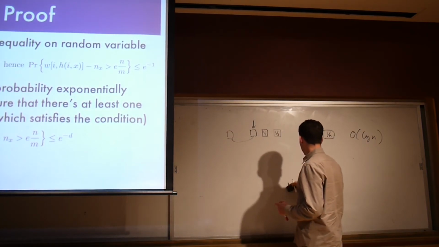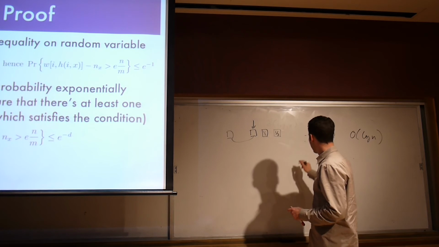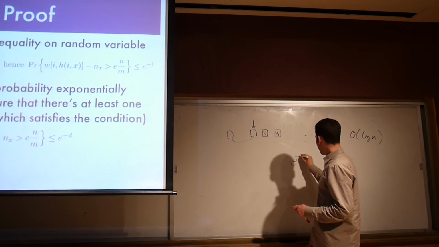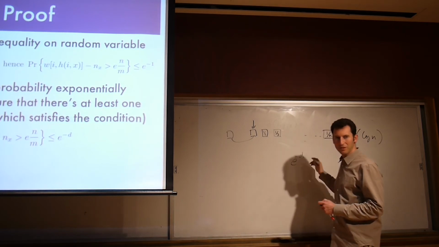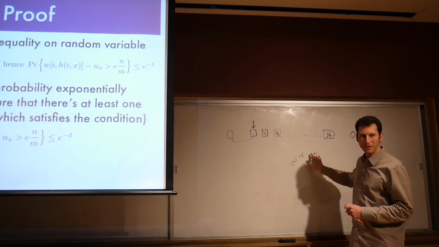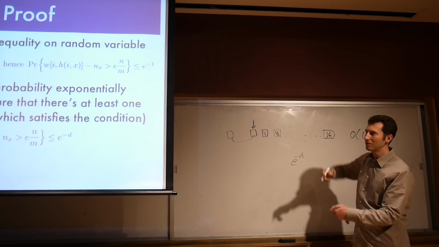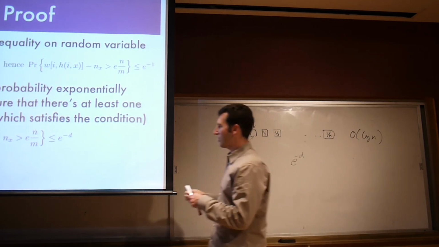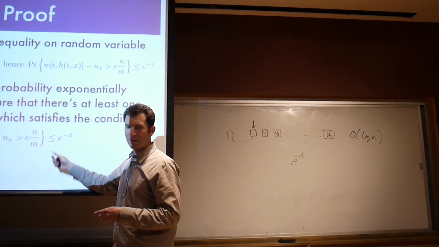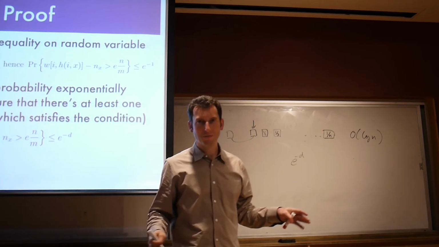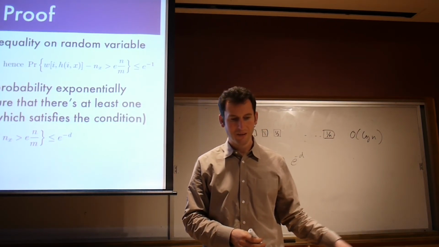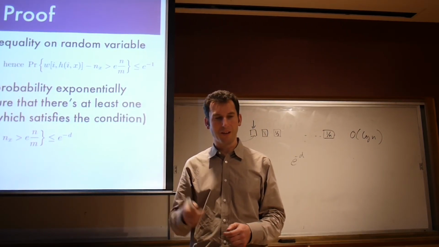So the probability that all of those guys exceed is, of course, e to the minus d, because each of those random variables has to be evil enough to be outside the interval. Right? So this is very straightforward. So there we have a logarithmic guarantee and a 1 over epsilon accuracy.